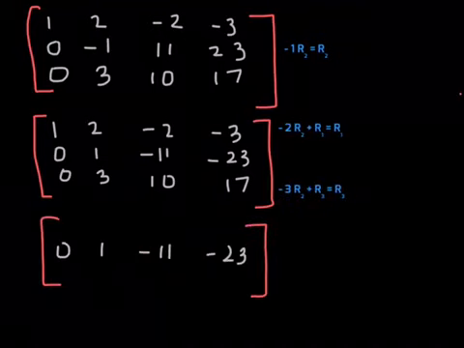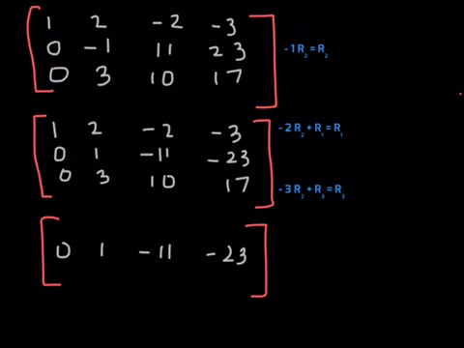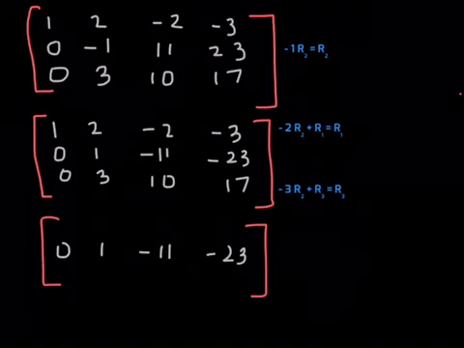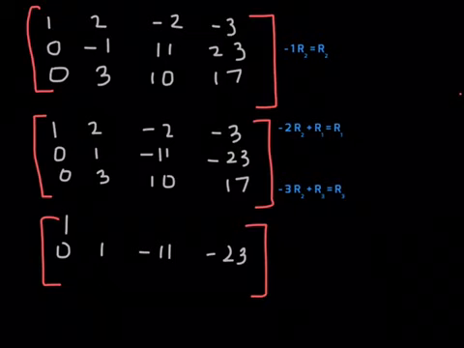All right, so here it is. I'm not changing row 2, so I copy that down. I'm going to multiply row number 2 by negative 2, add it to row 1, and that'll be my brand new row 1. 0 times negative 2 is 0, plus 1 is 1. 1 times negative 2 is negative 2, plus 2 is 0.